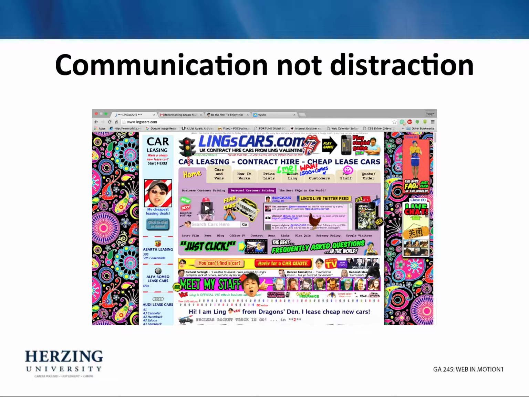Communication, not distraction. In these last slides, we will look at using basic design principles and applying them to web design. Print may be different from web, and you may spend some time struggling with it, but the same principles of good design apply. To ensure that your audience can follow your site, you need to do a good design and make sure that people can navigate to different parts of the content.